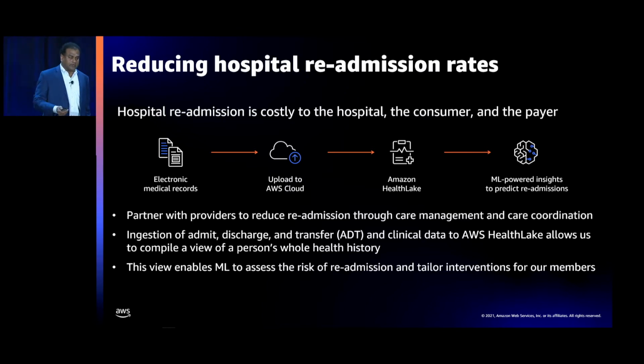And why is that? It's because they get discharged, they go back home, and they don't follow some of the discharge instructions. They may be living alone, or they could not get an immediate follow-up appointment with their primary care physician, etc. Right? So our focus has been, how do we predict readmissions and target those members, get them an appointment with a primary care physician, or even notify a primary care physician that one of their attributed members has been admitted to or discharged from a hospital, so they can get them an appointment.